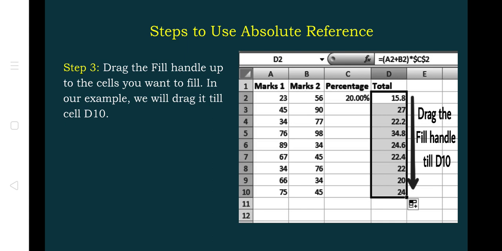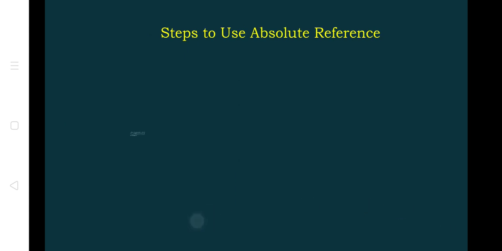The A and B values are relative references which have no dollar symbol, so the value changes when you drag down the rows. But the constant value C2, the absolute reference denoted by $C$2, is constant for all the calculations. So for all the totals, 20% is calculated. The 20 is fixed. This is how the formulas look in the case of the absolute reference.